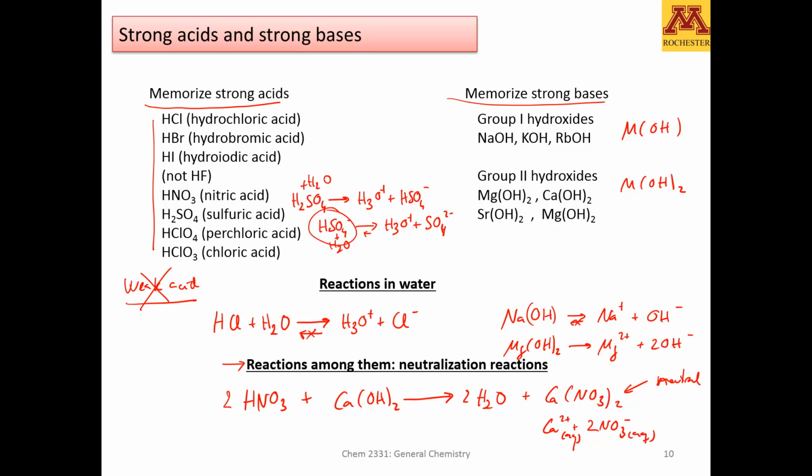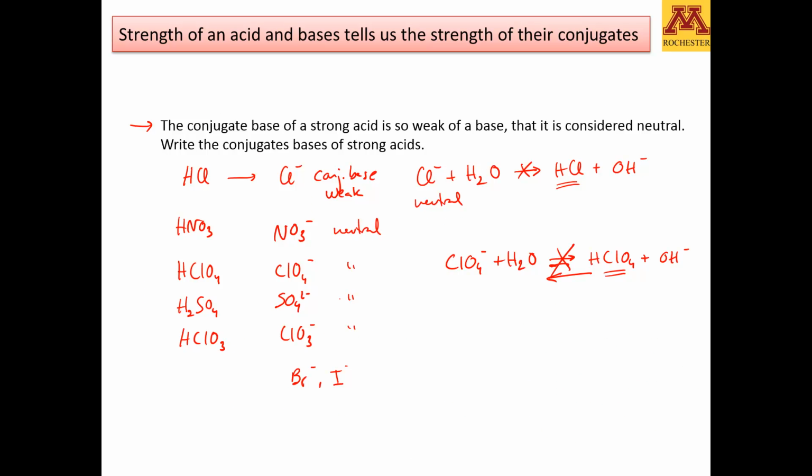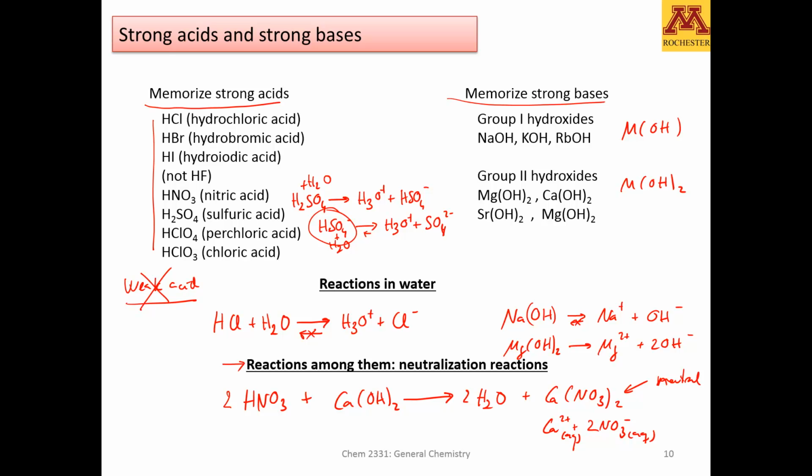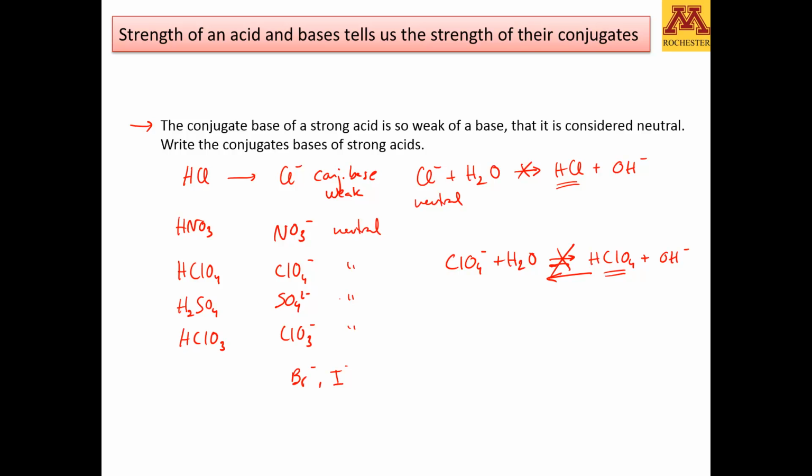I don't know if I forgot one in here. I think I wrote them all. It's very, very important that you memorize this reaction, this list, because that will save you a lot of time trying to rationalize why some reactions go to the right and others don't.